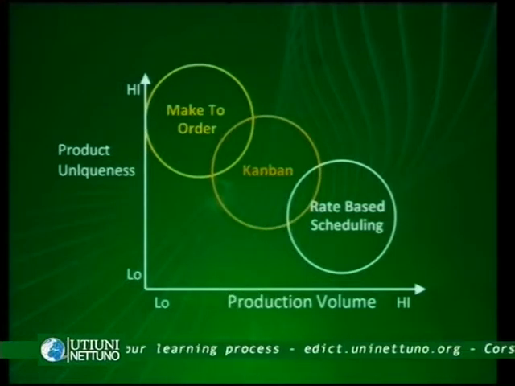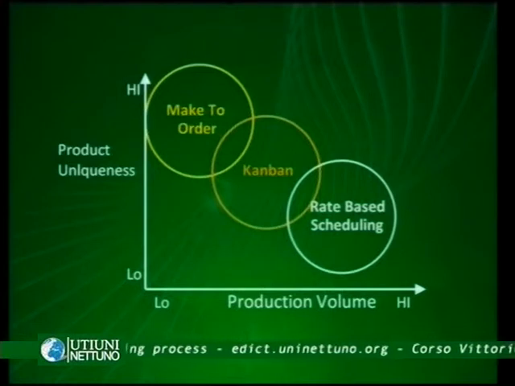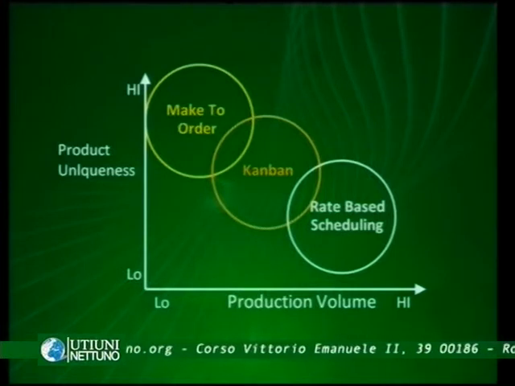In some of the more advanced manufacturing facilities today, they have managed to bridge, sometimes using Kanban, into the rate-based scheduling area, and sometimes using Kanban into the make-to-order area. And we will talk about how this process is useful and suitable in those particular instances.